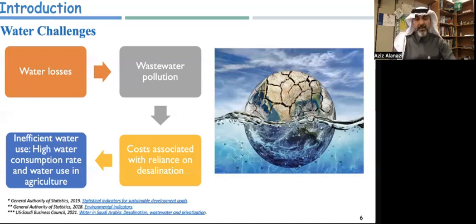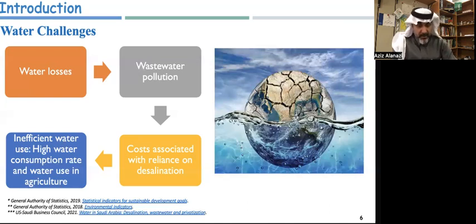Very advanced desalination techniques have been used in Saudi Arabia. I think about 7.6 million cubic meters are produced daily, which accounts for 22% of the global production of desalinated water.